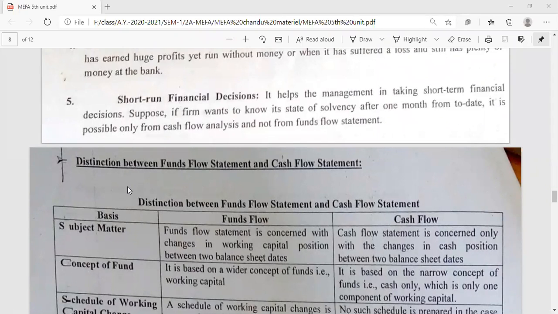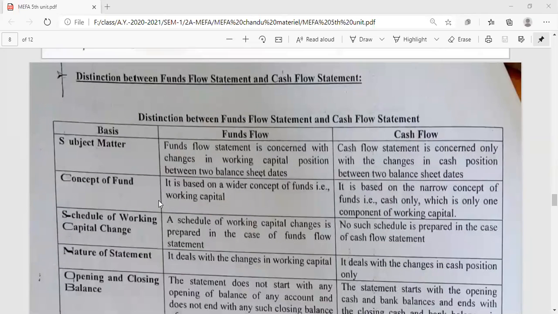You should know how the cash is coming in within this period of 1 month, and as the time comes, you have to pay that money, right? We will have some short-term financial decisions there, right?